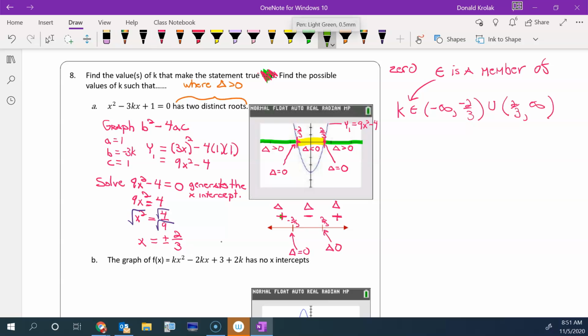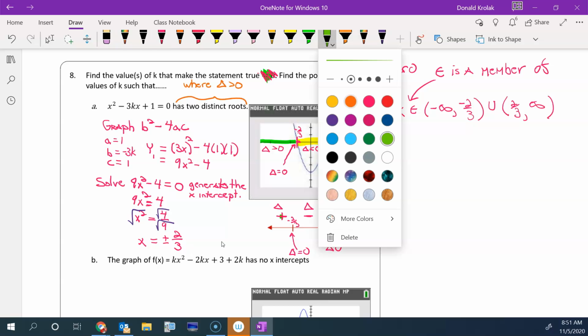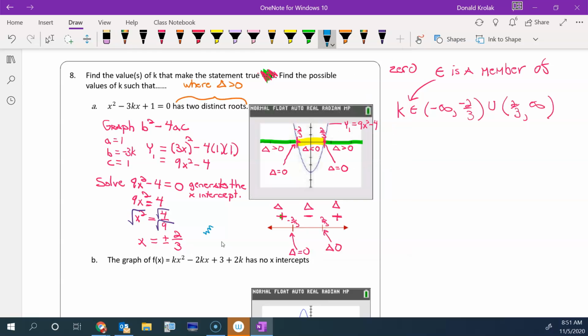So down here, where it's positive, anything in here, you got two distinct roots. When the discriminant's negative, you have no roots. When it's positive, you have two distinct roots. Distinct just means different roots.